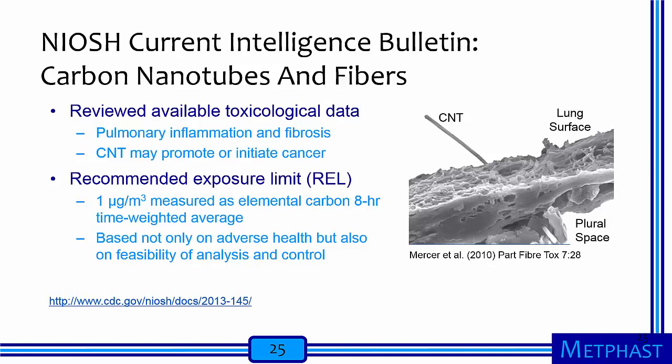In this figure, a carbon nanotube is poking through the lung into the pleural space. This type of action is the hallmark of cancer initiation by asbestos particles. They then recommended an exposure limit of 1 microgram per meter cubed, or 0.001 milligram per meter cubed, measured as elemental carbon. This limit was not only based on adverse health effects, but also on the limit of detecting elemental carbon on air samples.